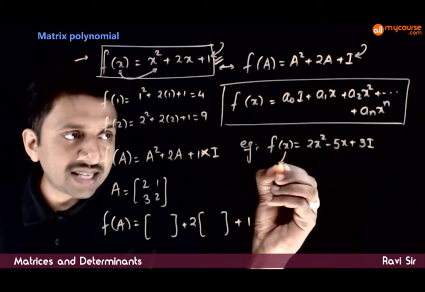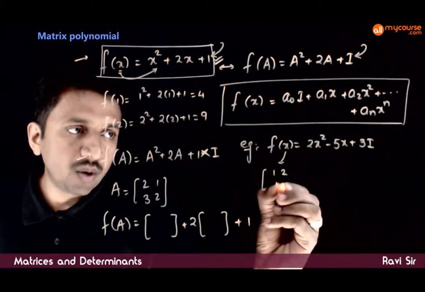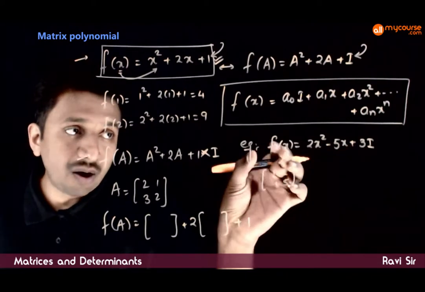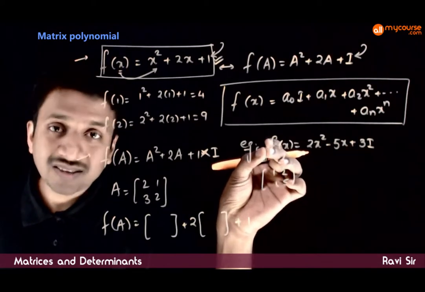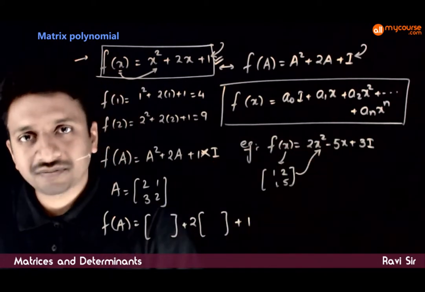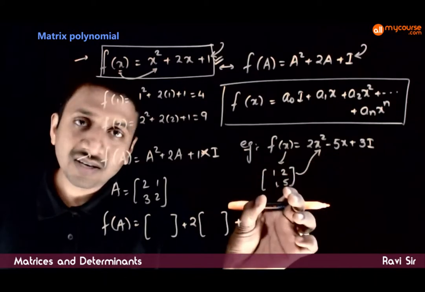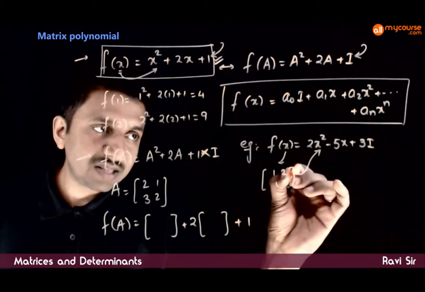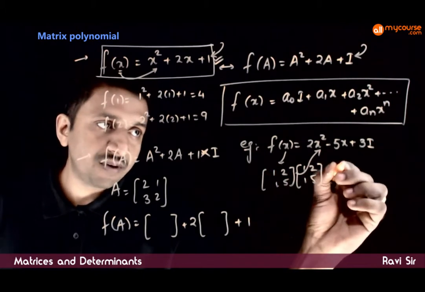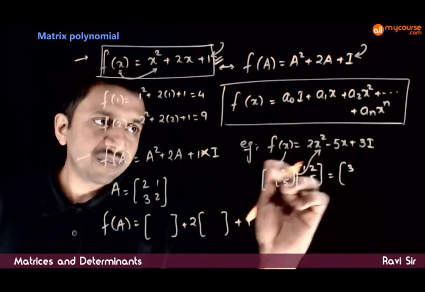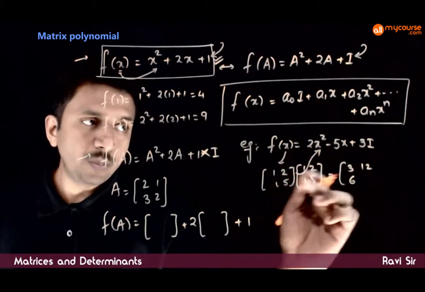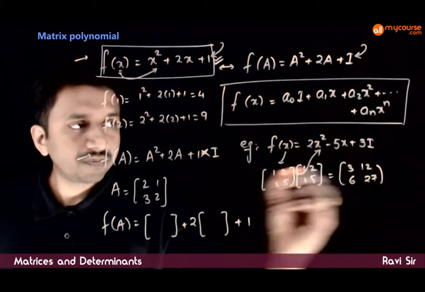If you take x as a matrix 1, 2, 1, 5, you can always calculate the value of this polynomial. So how do you find this? For 2x square, first find x square: 1, 2, 1, 5 times 1, 2, 1, 5 is 1 plus 2 is 3, 2 plus 10 is 12, 1 plus 5 is 6, 2 plus 25 is 27.